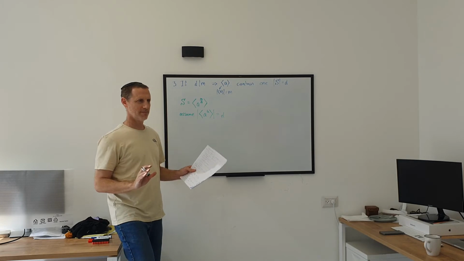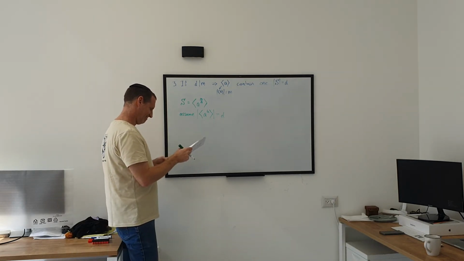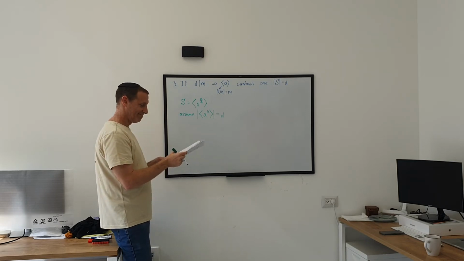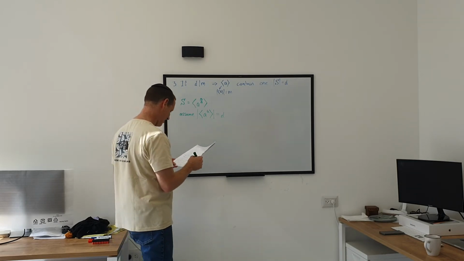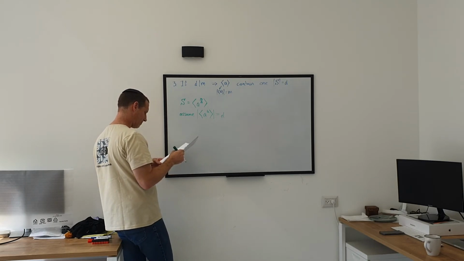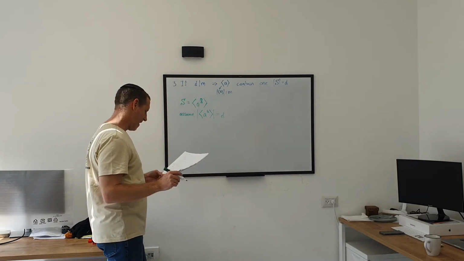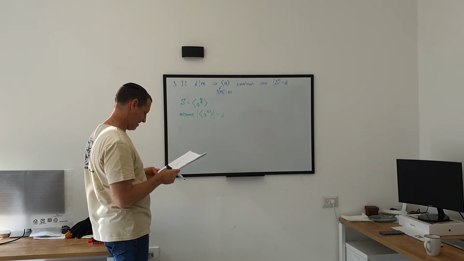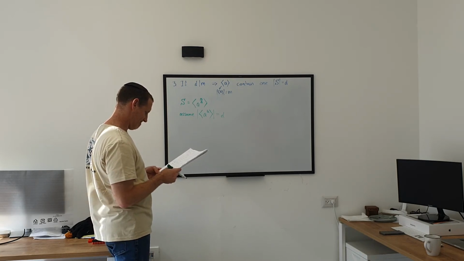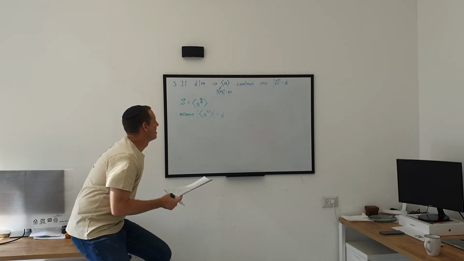So if you take A to the KD, it has to be cyclic, so it is equal to A to the M. And then you need to use D divides M. You can go in that way.